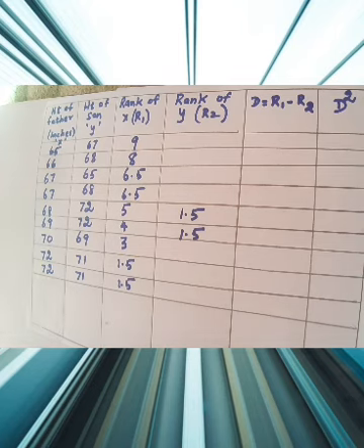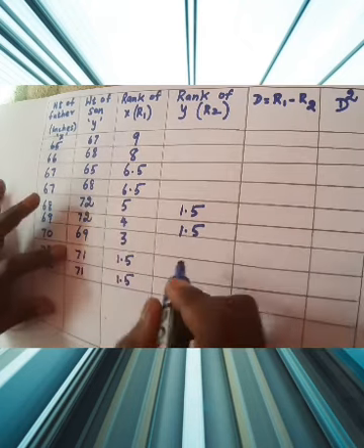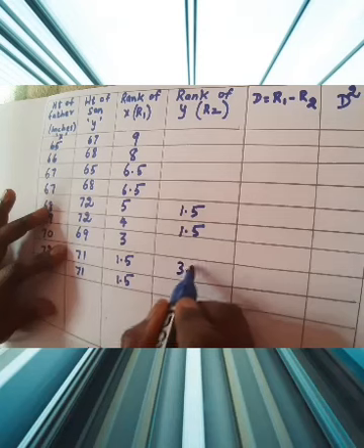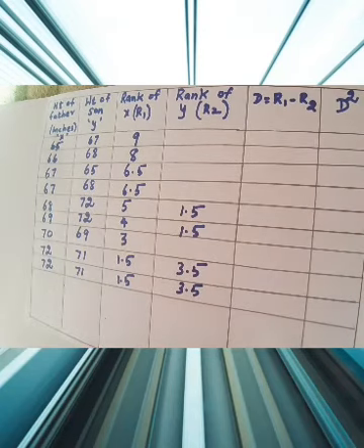Got it, students? So 3.5 will be shared between the two persons, 3.5 each. Understood?